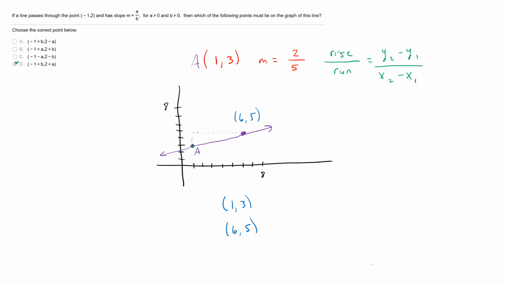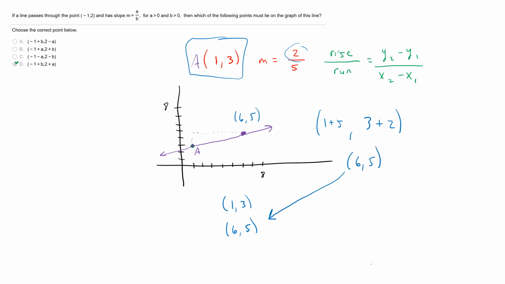Notice that once we have a point, and we have the slope, what we can do to get the next point is we add the top number, the 2, to the y value, and we add the bottom number, the 5, to the x value. Once I simplify this, notice that I get (6, 5), which is the next point.